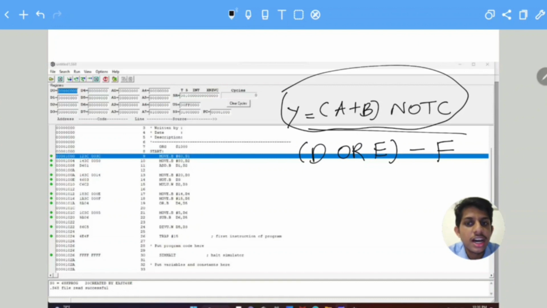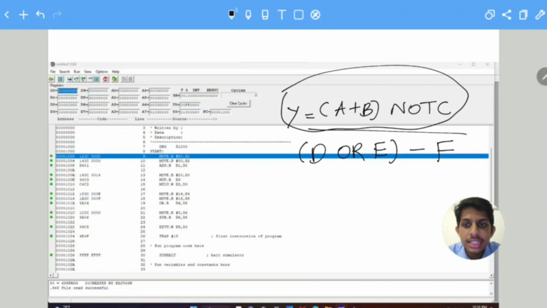After that, I move the C value into the third destination, so move.B #20. It means the value of C goes into destination 3, and I do the operation not.B D3. In this, I do the operation in D3.